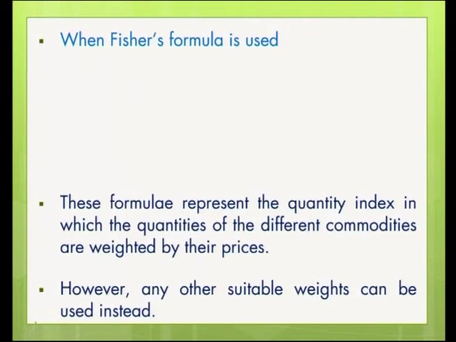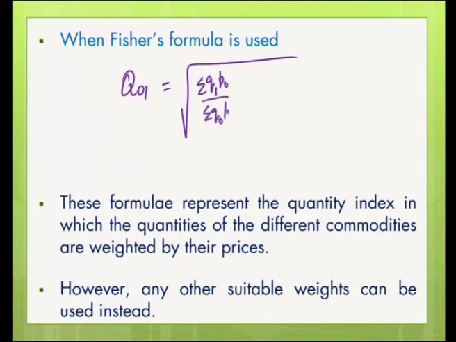When Fisher's formula is used, we have Q01 is equal to root of summation Q1 P0 by summation Q0 P0 into summation Q1 P1 by summation Q0 P1 into 100. These formulas represent the quantity index in which the quantities of the different commodities are weighted by their prices. However, any other suitable weights can be used instead of price.